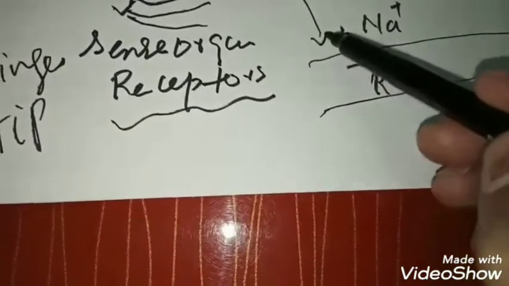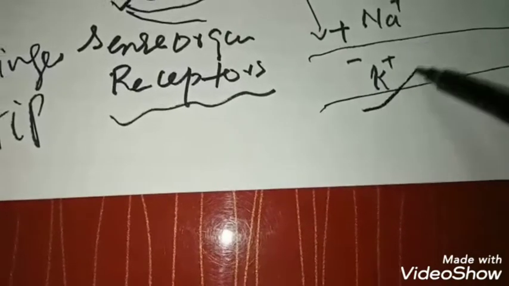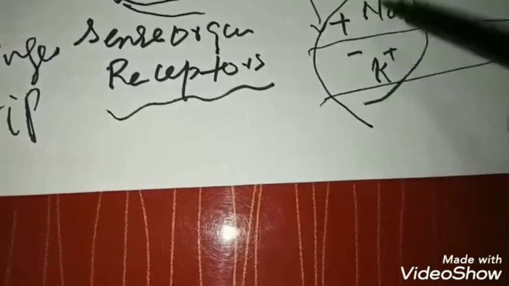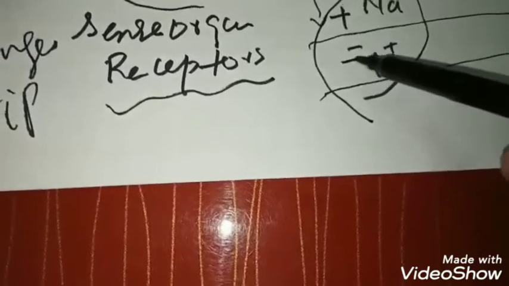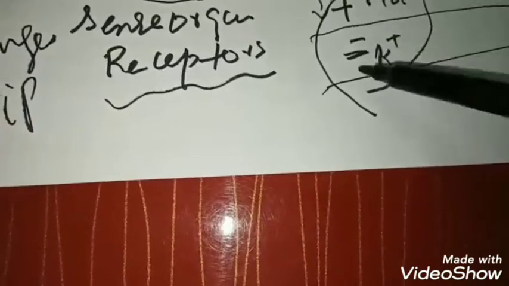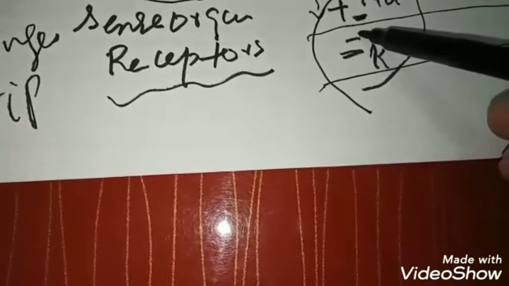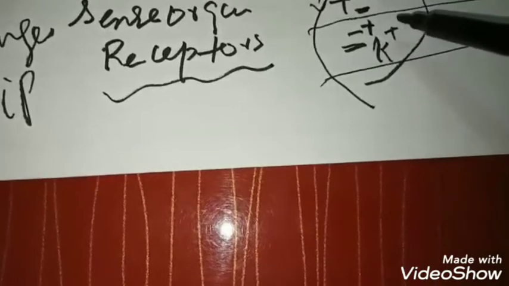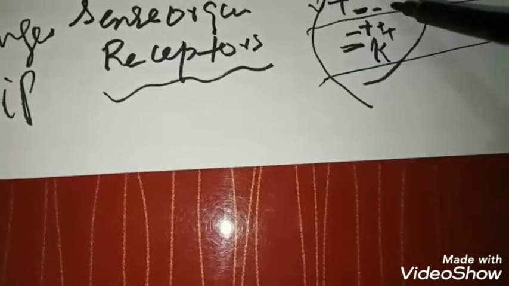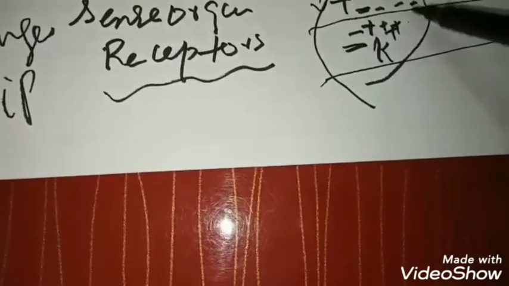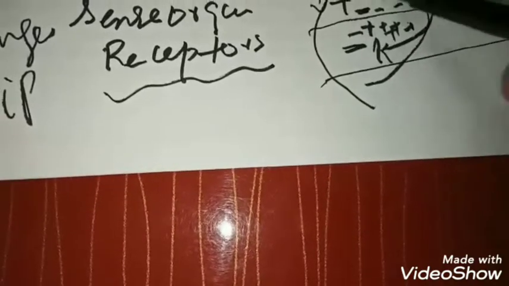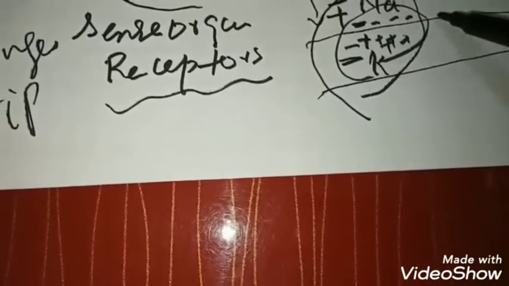When a stimulus comes in a localized area of the neuron, this distribution of charges and polarity changes. The outside of the neuron becomes comparatively negative and the inside becomes positive in a localized area. In the first patch this happens, and then this polarity also recovers soon.